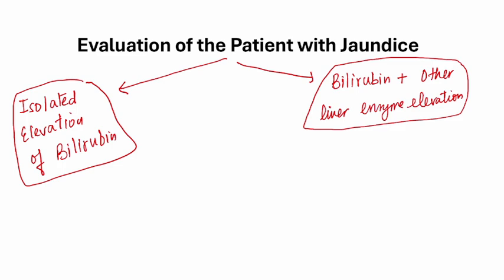First of all, to start with, there is a particular flow chart or algorithm. We will come to it in the next slide. But again, I have to emphasize that whenever a patient with jaundice comes to you, you have to think about two things: whether isolated elevation of bilirubin, or bilirubin plus other liver enzymes are also elevated, right?